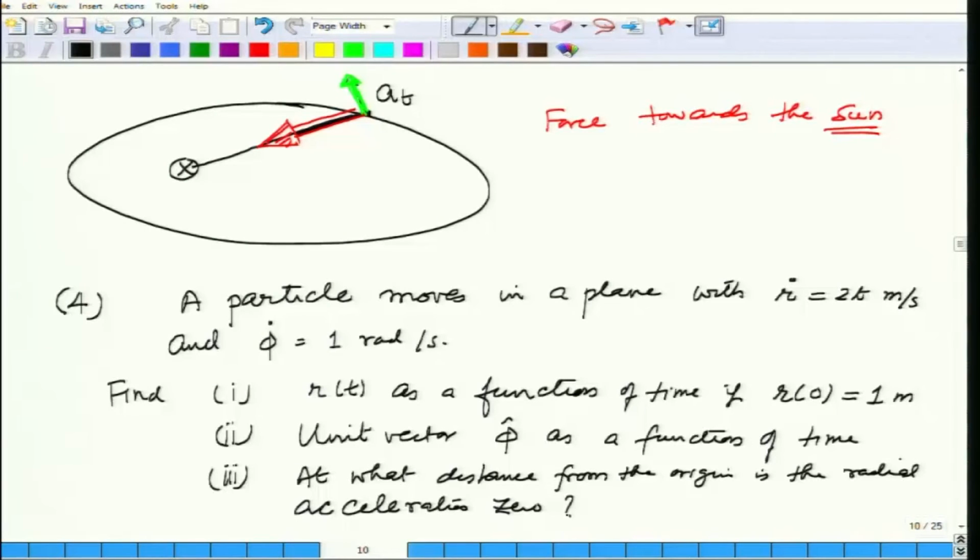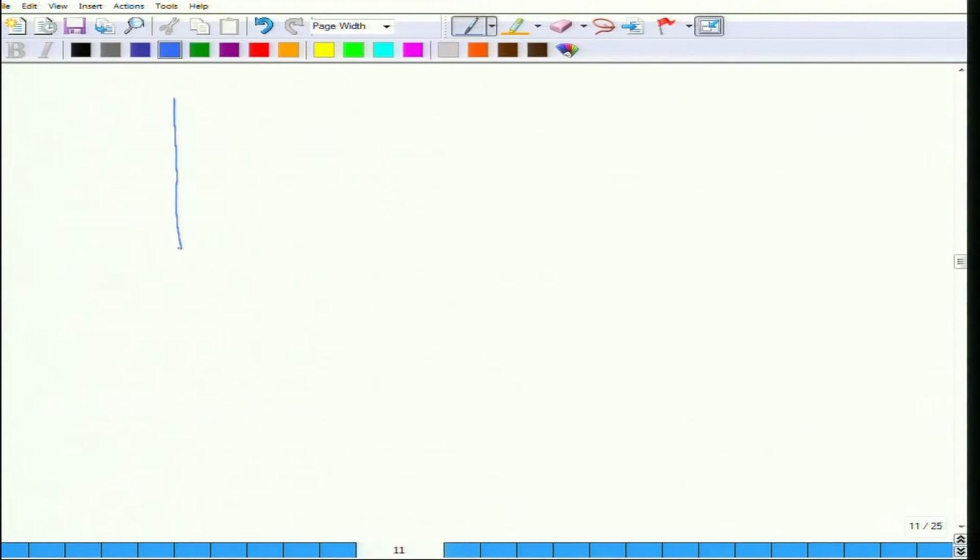We have been given, so let me just first make this picture which always tells you a lot of things. A particle is moving out, it started at t equal to 0 at some distance, r(0) equals 1 meter. It is not given what phi position was, so we will take some arbitrary phi position, let us say phi 0, and it moves out. Let me make it in red.